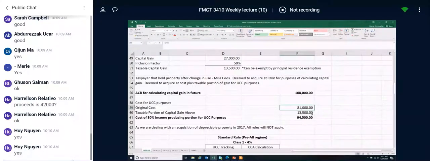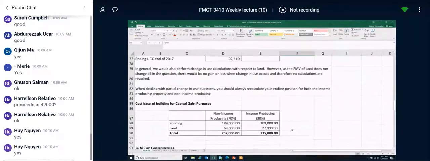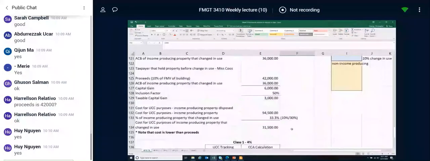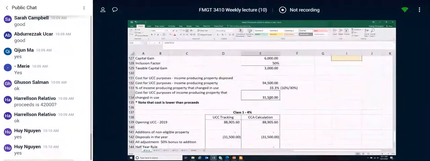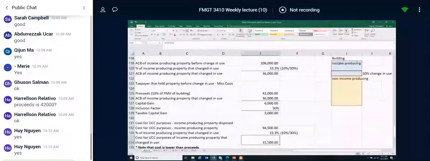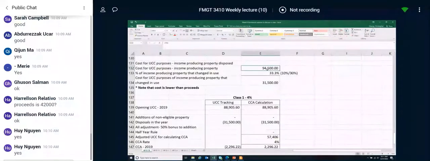Back in the past, when we went from non-income producing to income producing, the amount we could add to UCC was only cost plus the taxable portion of the capital gain. So knowing that, and knowing that 1/3 of the income producing piece is being disposed of, 1/3 of 94.5, the cost for UCC purposes is 31.5.